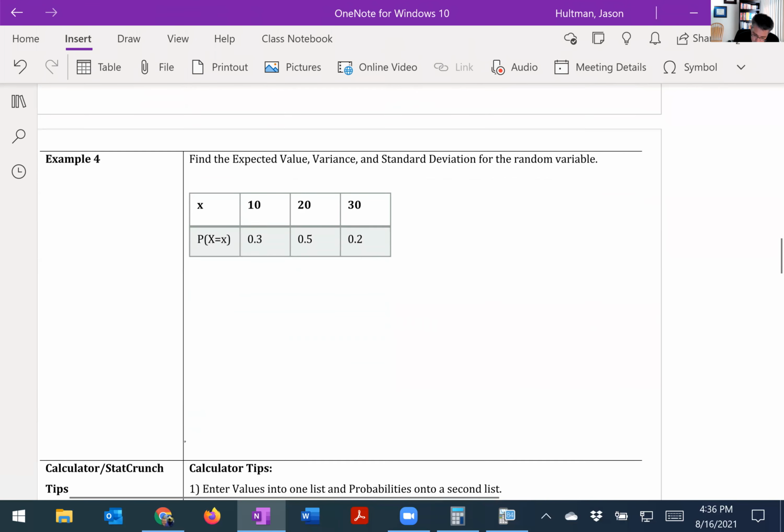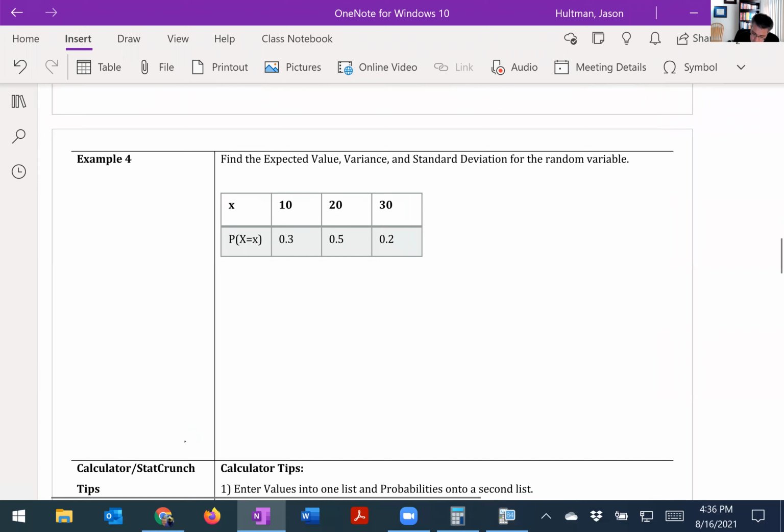Okay, let's find the expected value, variance, and standard deviation for a random variable. Let's see how this works. Okay, so we want the expected value, that was the sum of the x's times the probabilities. Well, I'm going to take the first x value, which is 10, and multiply by 0.3.